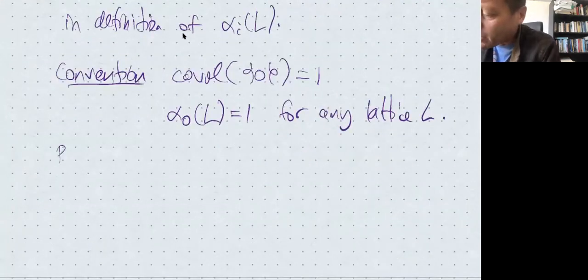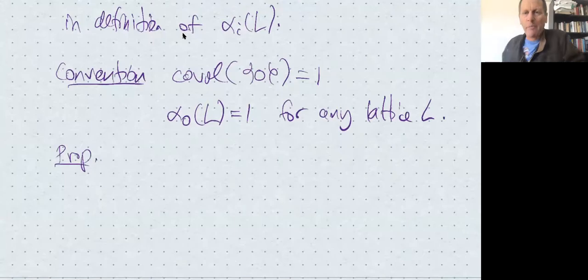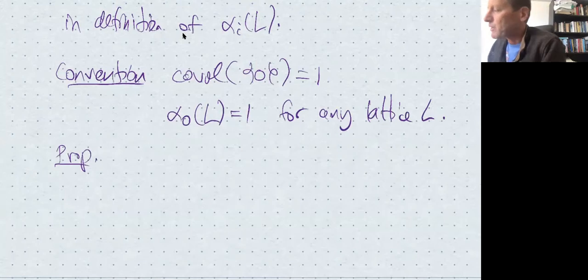So as a first approximation, this proposition will tell you that this geometric quantity can be recovered from the lambda i's, from the Minkowski successive minima that we already discussed. So let me write that down.